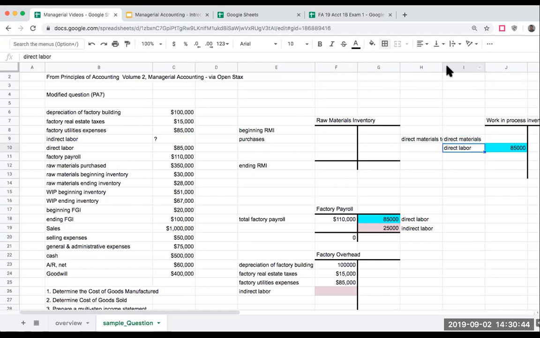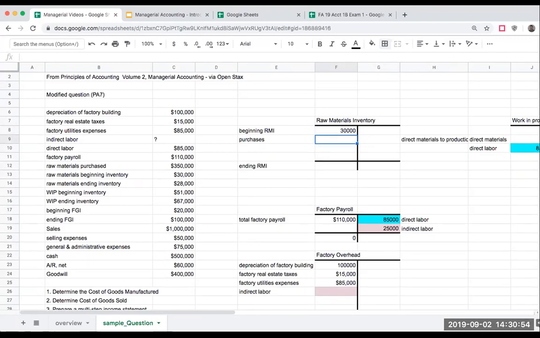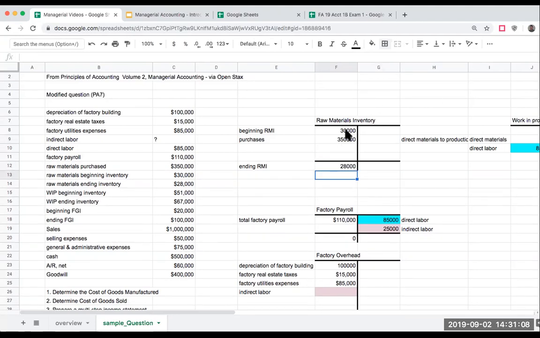Okay. So when we look at this right here, I have my beginning raw materials inventory of 30,000. My raw material purchases were 350,000. My ending raw materials was 28,000. Okay. So right over here, as I'm looking at this particular question, does 30,000 plus 350,000 equal 28,000?